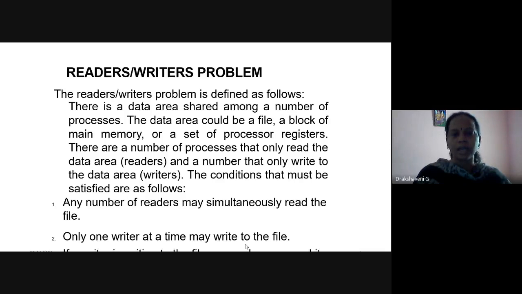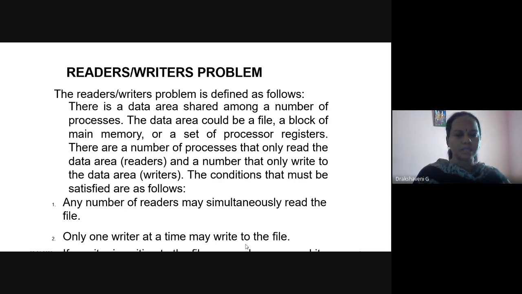You can read and write in a file, in main memory, or in a set of process registers. There are a number of processes that only read the data area and a number that only write to the data area.